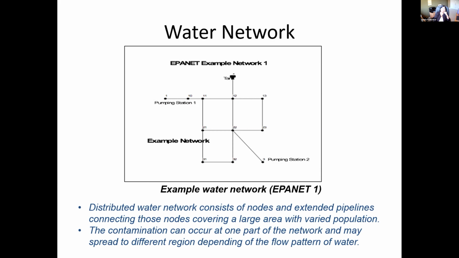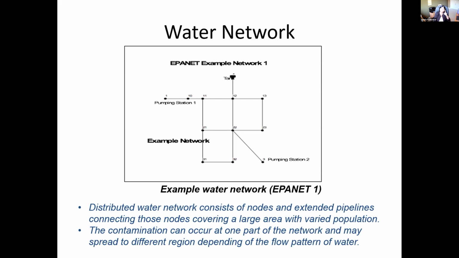There are something like 10 nodes, 11 nodes, 11, 12. So the nodes, and essentially, how do you place sensors with a minimum cost in this network? The problem also has uncertainty because demand can be uncertain.